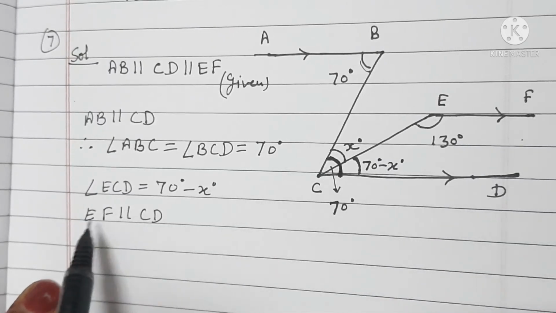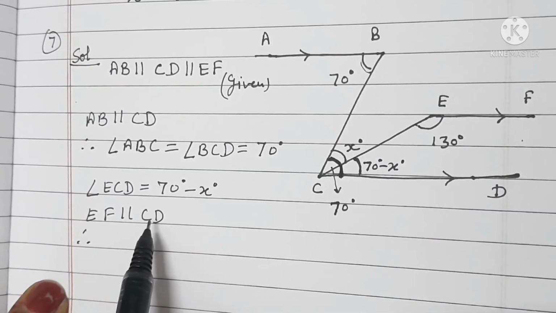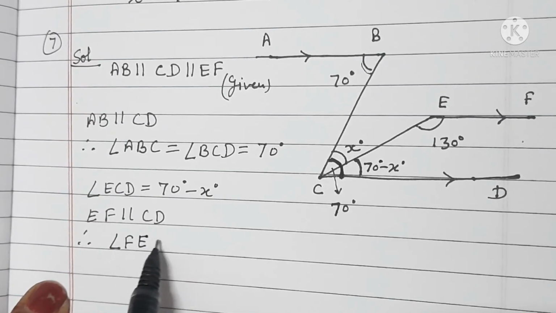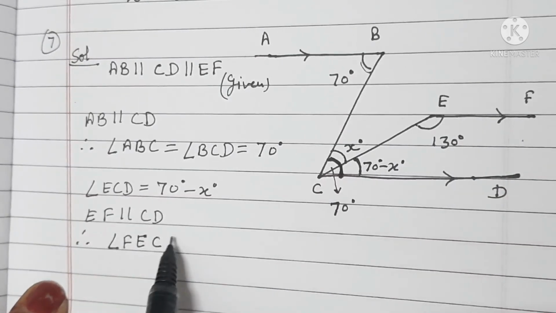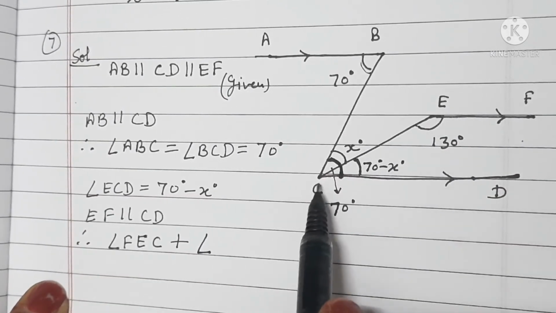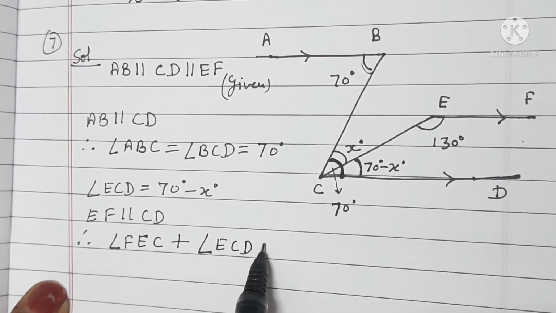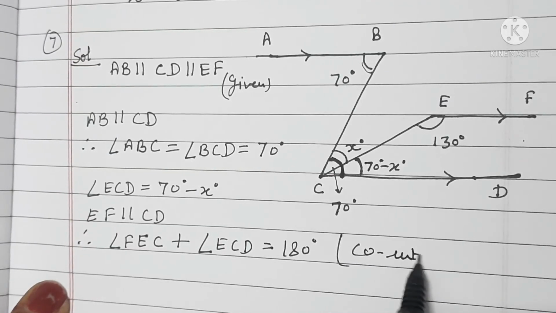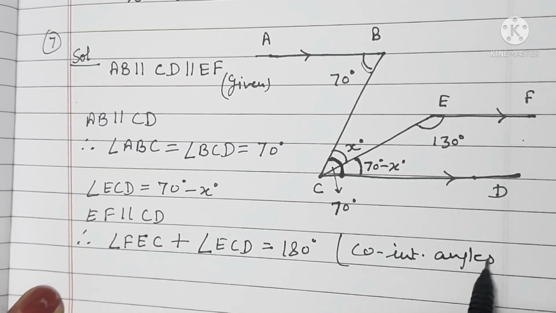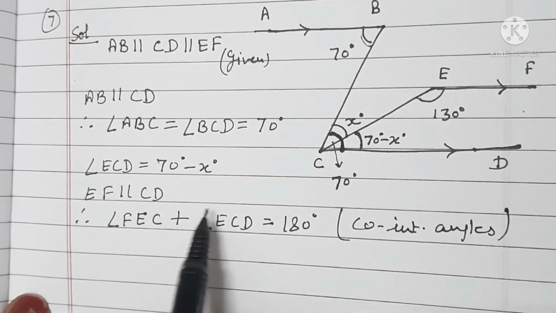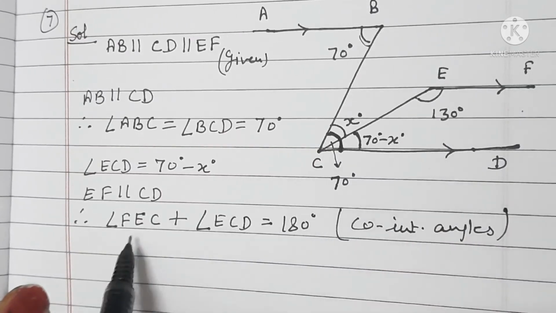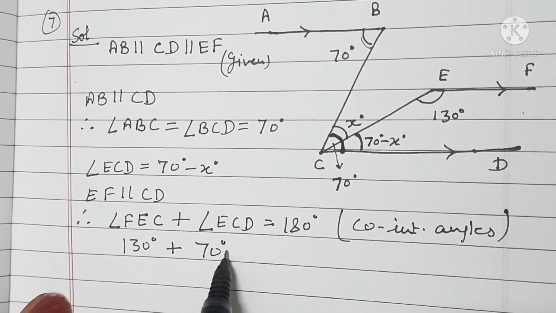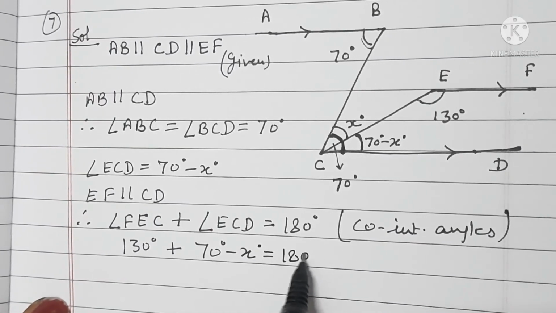So write, therefore, if these are parallel, angle FEC plus angle ECD is equal to 180 degree, co-interior angles. Now what is FEC? 130 degree plus ECD, which means 70 degree minus X degree, is equal to 180 degree.